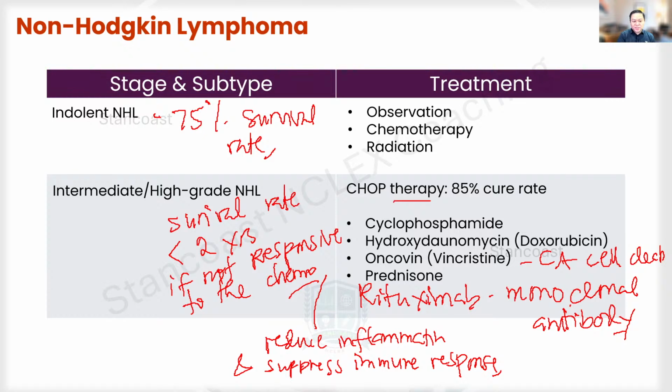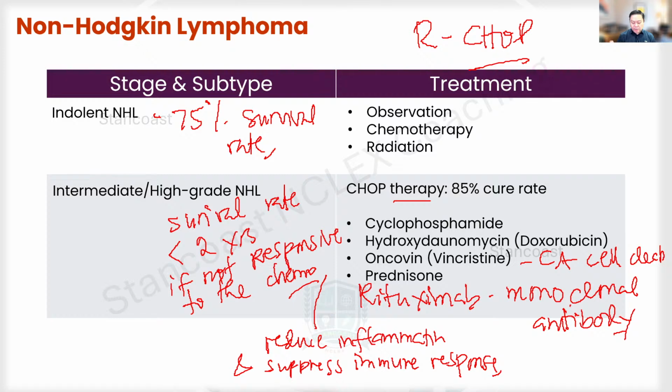And so probably you're going to see this kind of treatment, R-CHOP, which is basically the combination of the 5 medications. So this will enhance the effectiveness of the treatment. And the R-CHOP is going to be, again, the mainstay in the treatment of the non-Hodgkin's lymphoma.